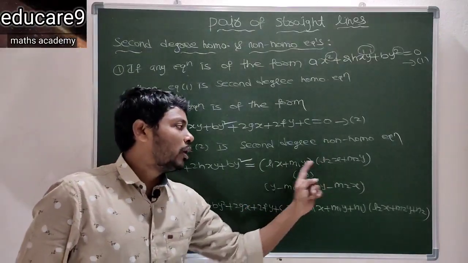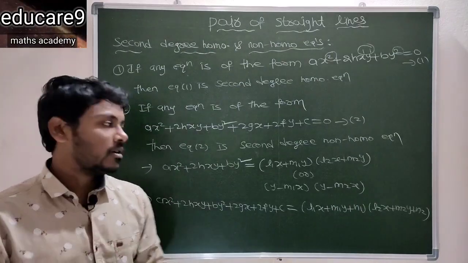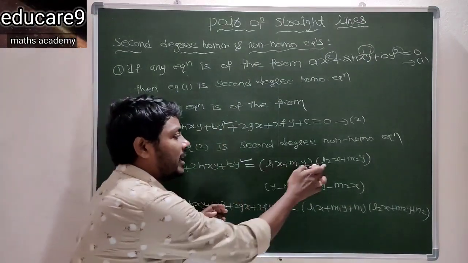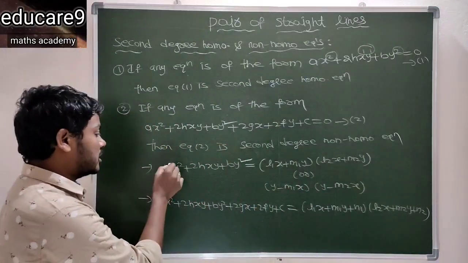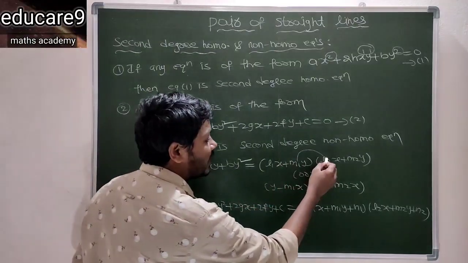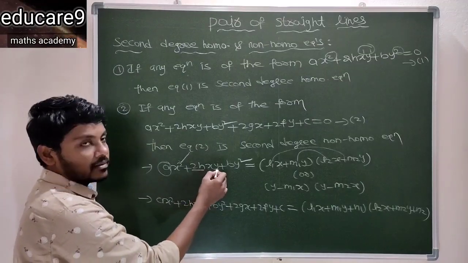So already discussed this. The product of two linear equations is what? Once you multiply these two, you will get L1 L2 x square. Suppose that is a. Next, M1 L2 plus L1 M2 xy. Suppose that is 2hxy.